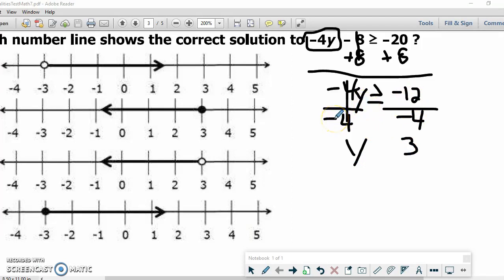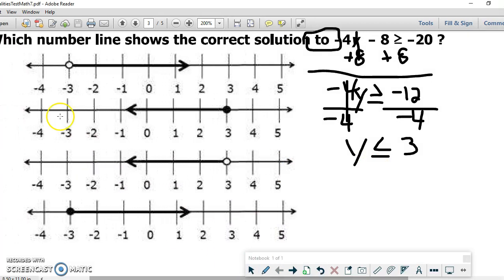Now, did I divide or multiply by a negative number? Yes, I did. I divided by -4. So because I did that, my sign will flip. So y is less than or equal to 3. So let's eliminate possible choices. My circle is actually going to be closed because it has the equal to sign.